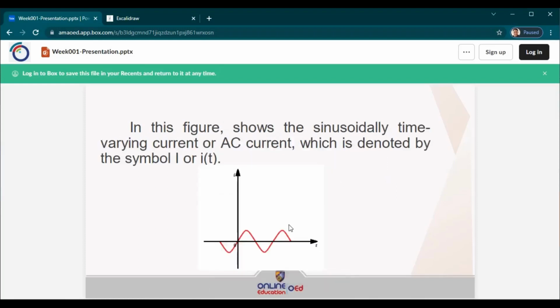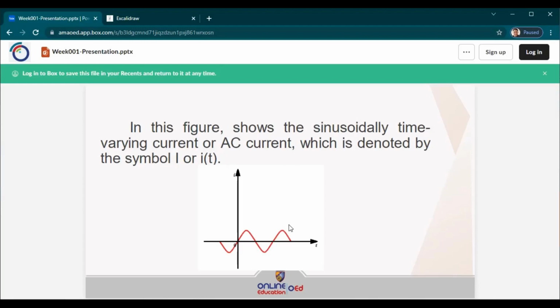Next, we have the AC, or alternating current. Okay, so this is a sinusoidally time varying current. We say sinusoidally because if you look at the illustration or the graph of the current, it is a sine wave.